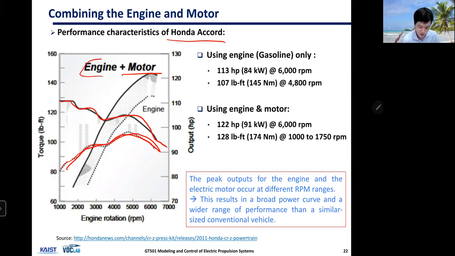So this is engine plus motor, maximum torque line. But of course, you will drain battery energy if you ask for maximum power from both engine and the motor. Okay, so this is nice because you can get higher torque and higher power at low speed. Okay, so that also helps. That's also a nice feature for hybrids.